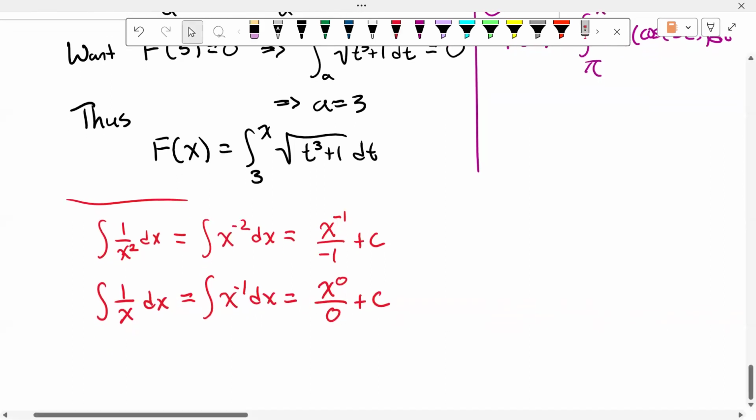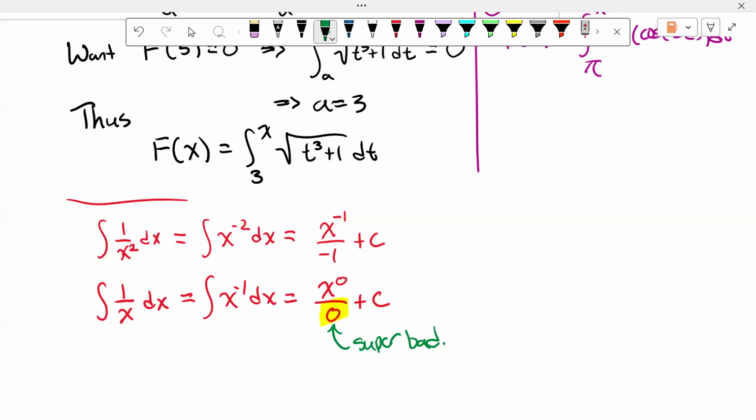Do you see what the issue is? Yes, this is really bad. It'd be 1 over 0, which isn't really, what is that? Yeah, it's kind of undefined. If we're taking a limit and you get 1 over 0, you have an infinite limit. This doesn't seem very good.